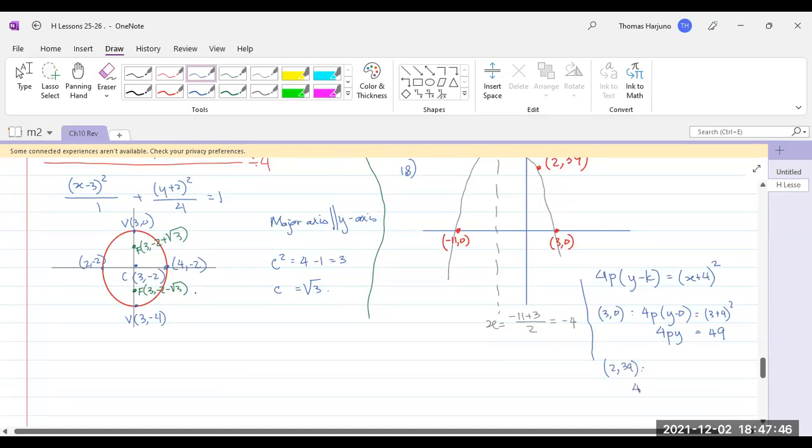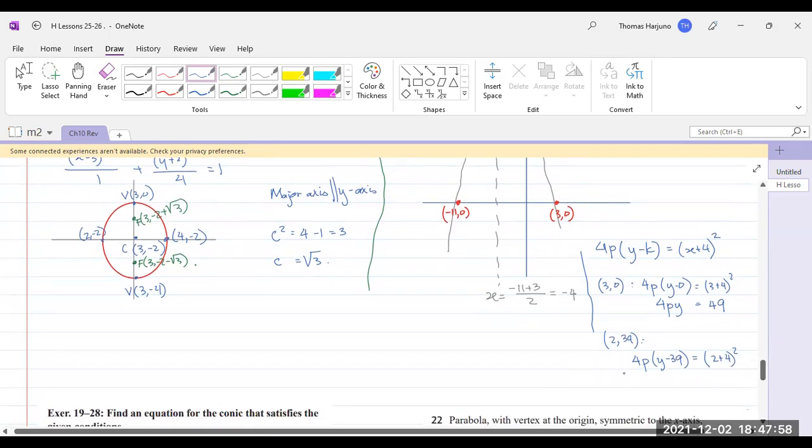So we have 4py minus 4p times 39 equals 6 squared, which is 36.